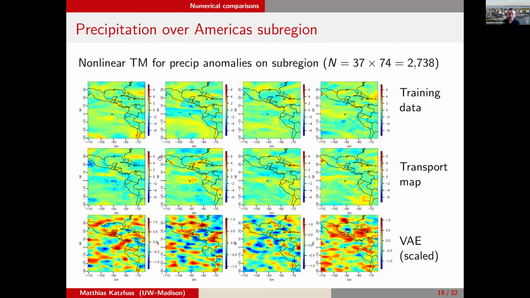And then here's our transport map that's trained on, again, a couple dozen, I think, of training data like this. And at least to my eye, it's not immediately obvious which one is from the transport map and which one's from the training data if I didn't have the information about which row it is. And then, again, as a comparison, the VAE, even a scaled version, doesn't have the right structure at all.